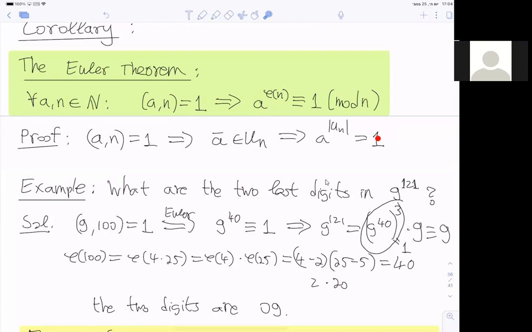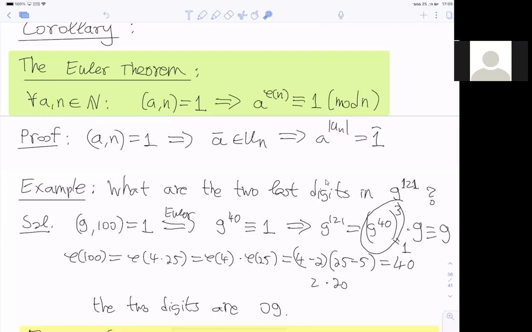This is our E, I mean, this is a class if you want. If you refer to this as an element, you can write it like this. This is the class of all numbers that are 1 modulo n. So you take an element in the group to the power of the whole group order, so it must be E.